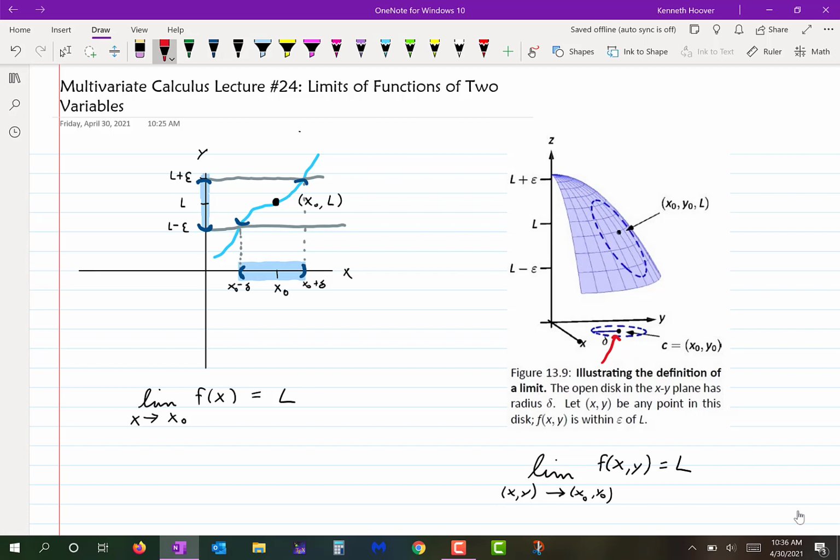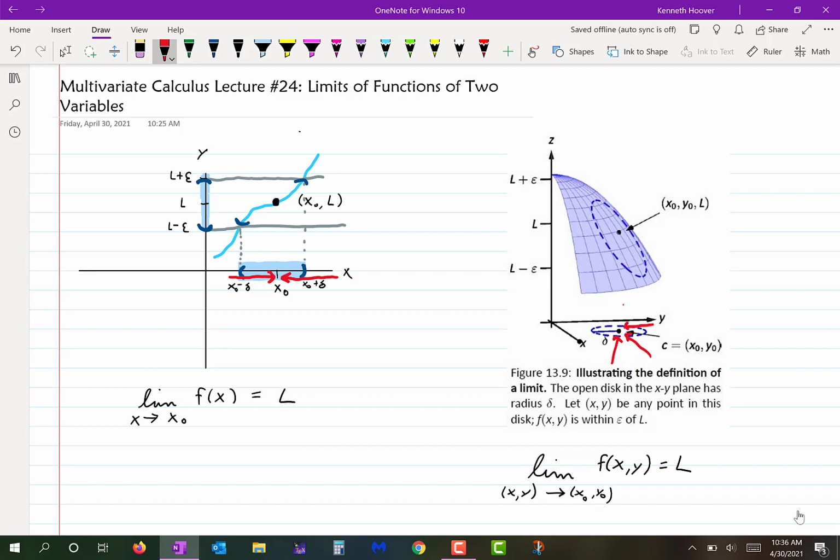Here's what's different. Let's actually take a step back. In the one variable case, x approaches x naught. How many ways can x approach x naught? Only two possible ways, from the left or the right. But now, in the two-dimensional case, it's very different. The point xy can approach the point x naught y naught in many, many, many different ways.